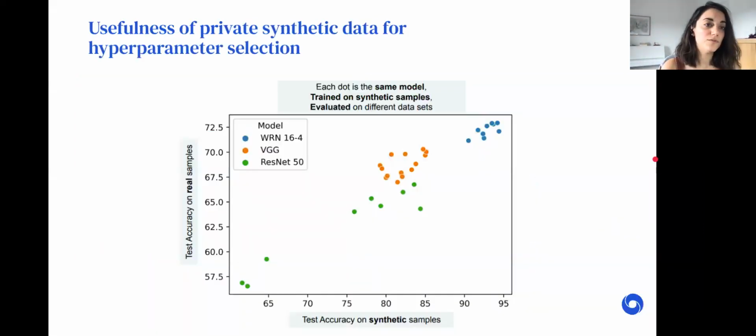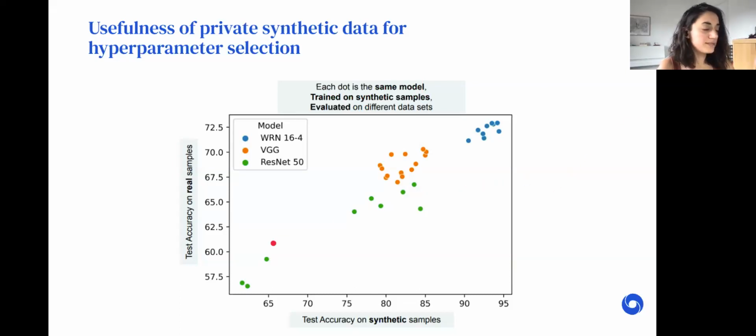Now, how can these be useful? They can be useful for hyperparameter selection. As I said, we want to find classes of models or hyperparameters that are better suited for a particular population in a certain hospital, but we don't have access to that data. We can get access to a DP generator of this data, and then tune the different classes of models.